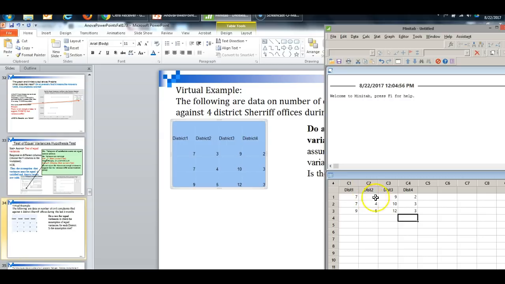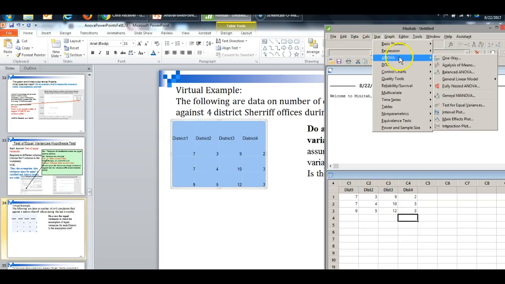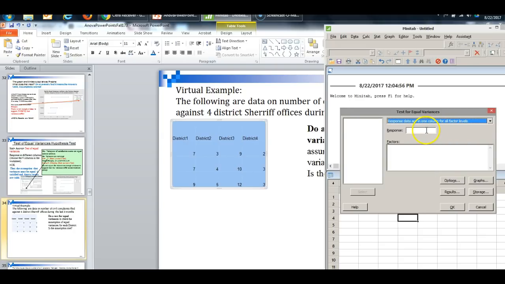All right, so we've got our ANOVA data. We would basically be testing, is there a difference in average complaints across districts? But now we're going to just test for equal variances. So we go to Stat, ANOVA, test for equal variances.